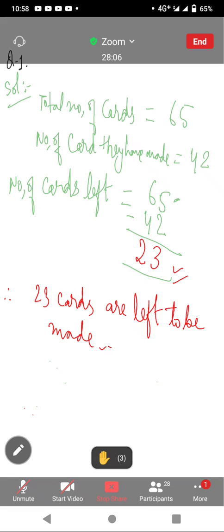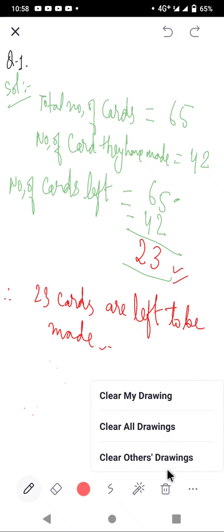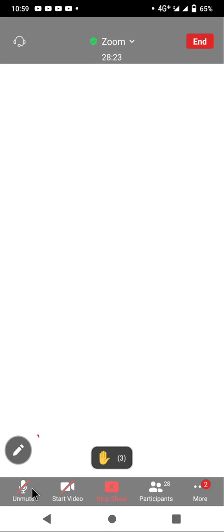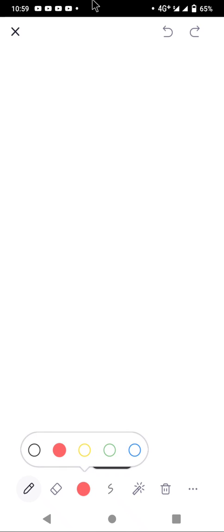So, question, yes, part B. A toy aeroplane costs 94 rupees.